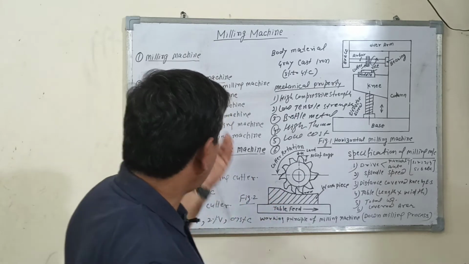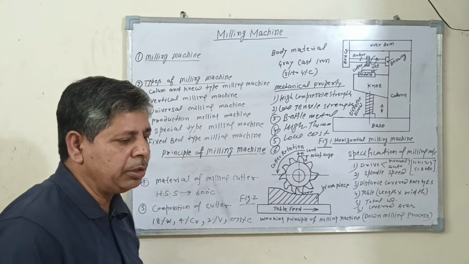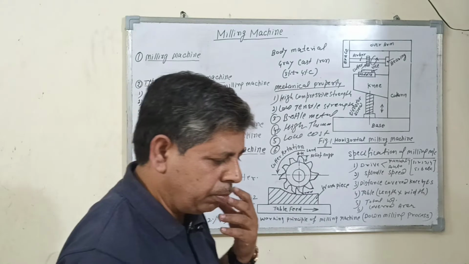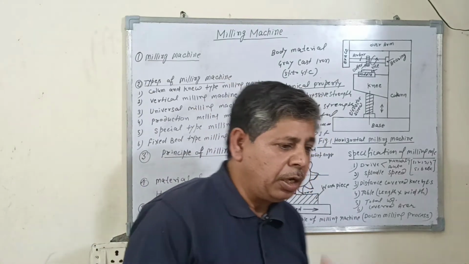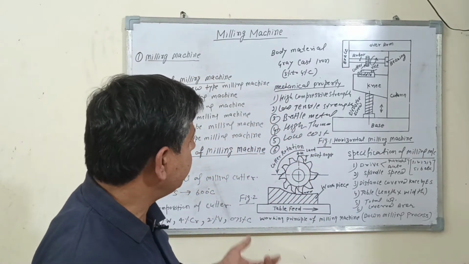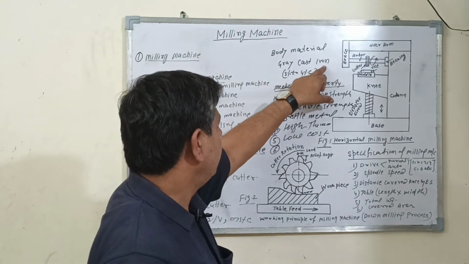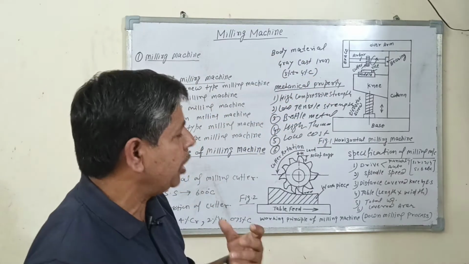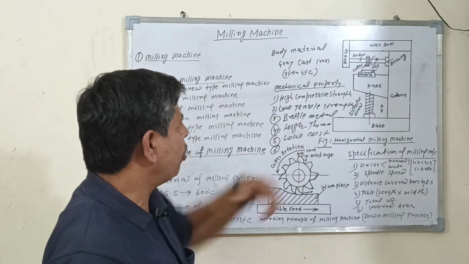All the machines like the milling machine, shaper machine, planers, and lathe machines have bodies made of grey cast iron. Grey cast iron contains 3% to 4% carbon.